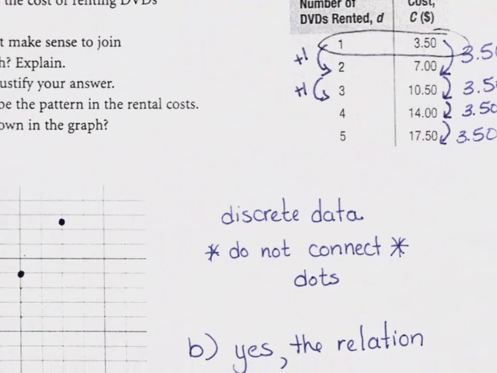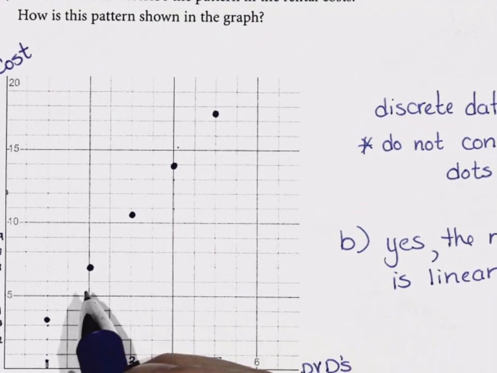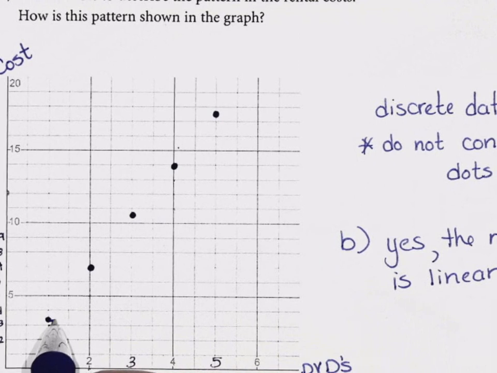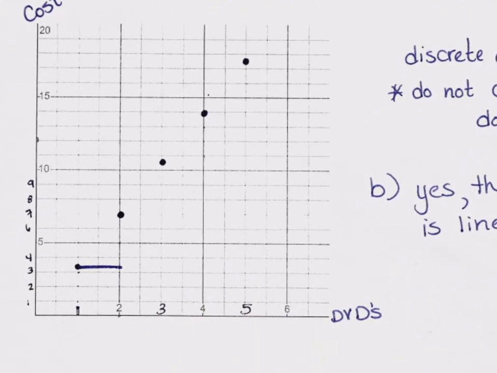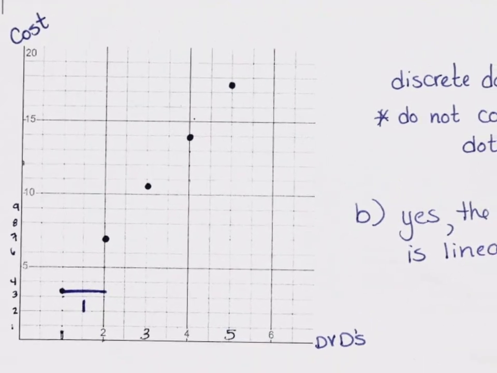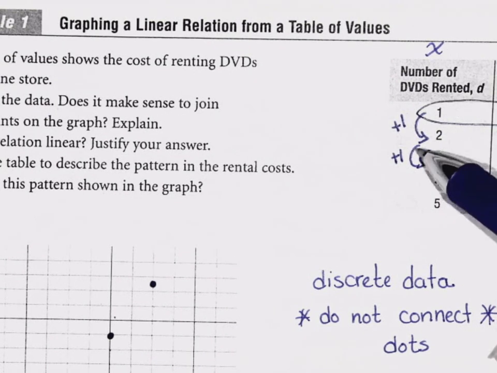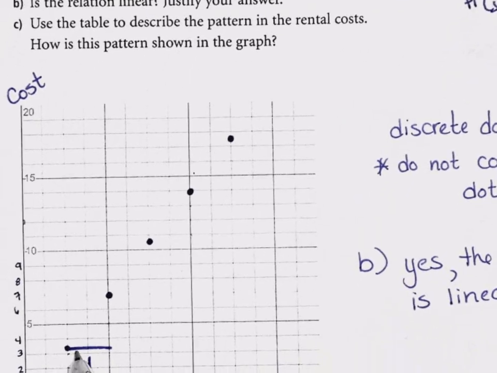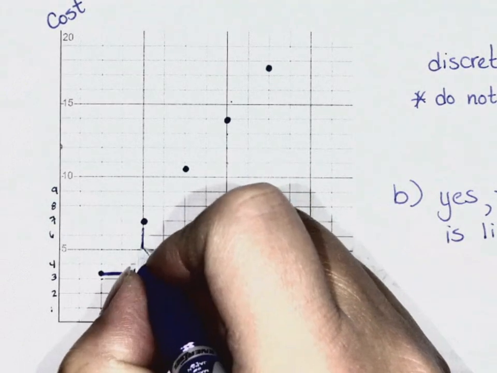Okay, how do we relate that to the graph? Well, this is how we relate it to the graph. What's the distance between here and here? 1. And we put the number of DVDs on the x-axis, and they're going up by ones. What's the distance from here to here?